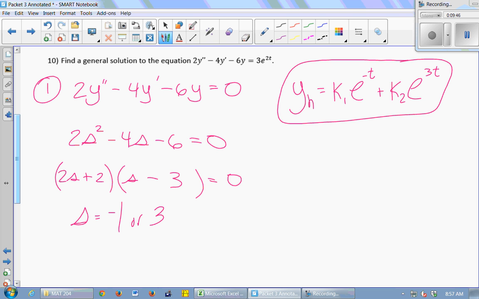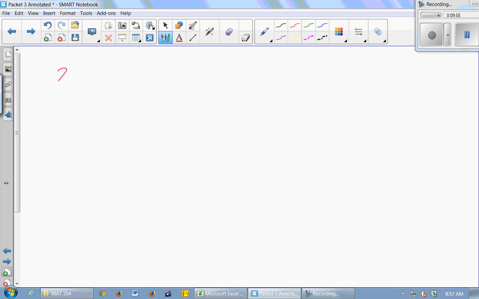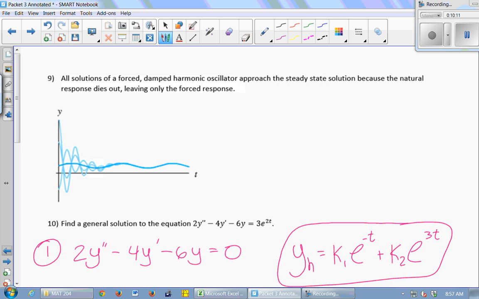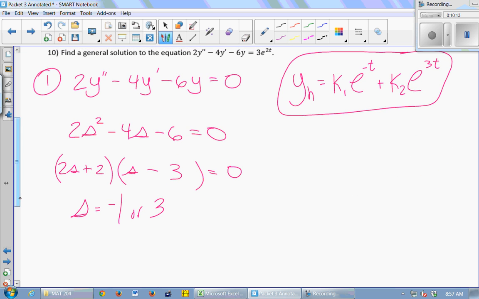Step 2 is to find any solution, any particular solution to the forced equation. So 2y double prime minus 4y prime minus 6y equals 3e to the 2t.